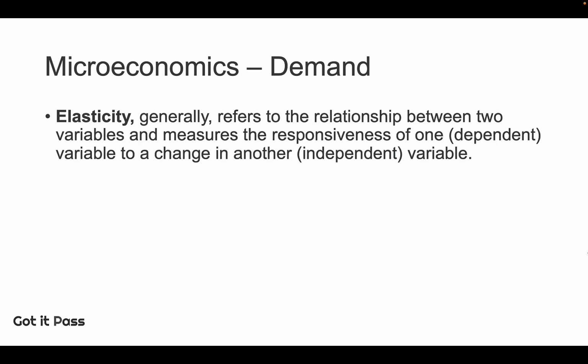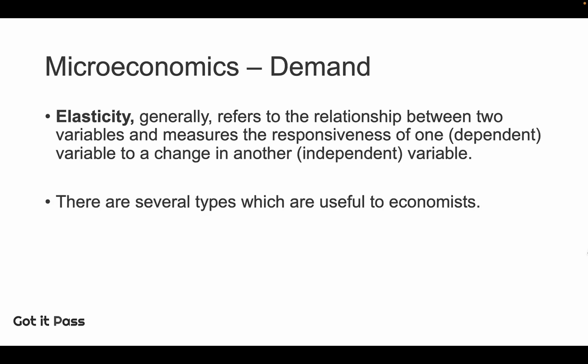The last topic in demand we discuss is elasticity. Elasticity for demand generally refers to the relationship between two variables and measures the responsiveness of one variable to a change in another variable.